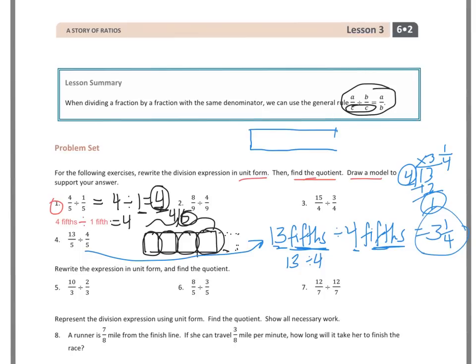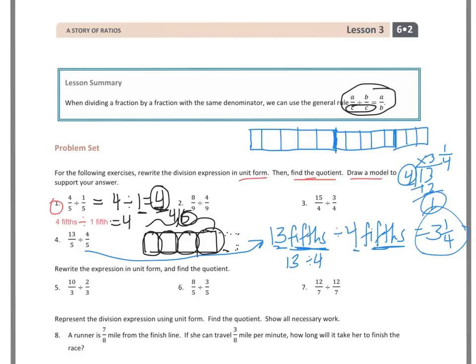So here's my first one whole, and I got to break it into fifths. So 1, 2, 3. There's fifths right there. So I know I got to do a few more. That's 10 fifths, which is equivalent to 2. And notice I'm making a dark line here to show the breaking apart. Now, I only need 3 more fifths. So I'll do my 3 here.